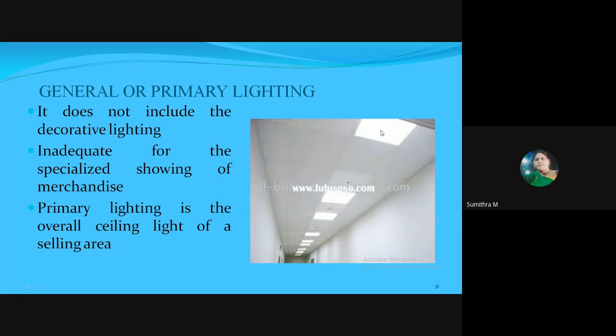This is the normal store lighting which we are using in our Indian shops. And if it is not adequate, you can go for other lighting. Normally this type of primary lighting is used in the ceiling and it is also very inexpensive. It is named primary lighting.